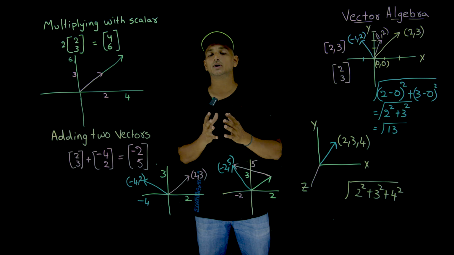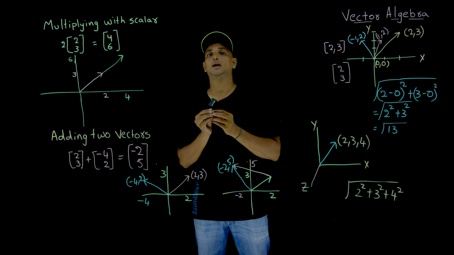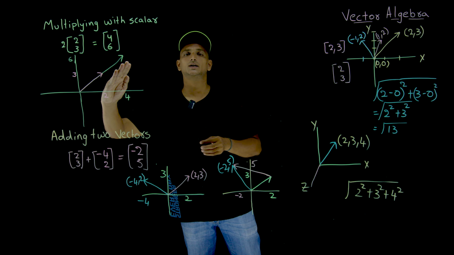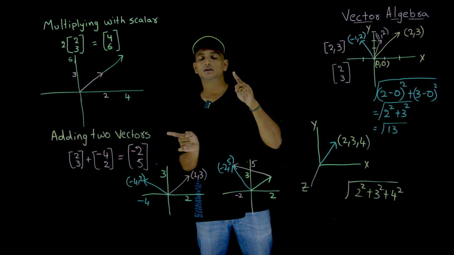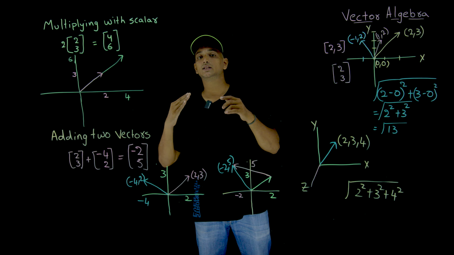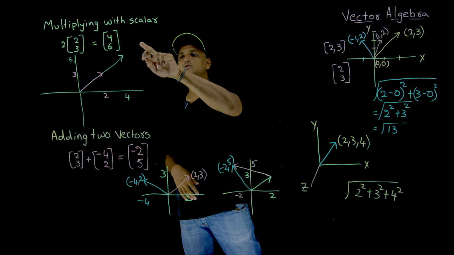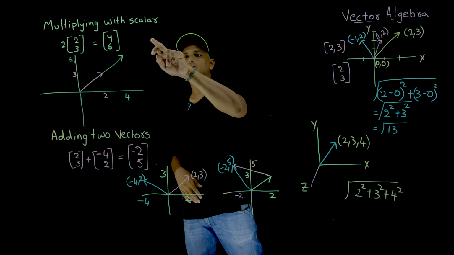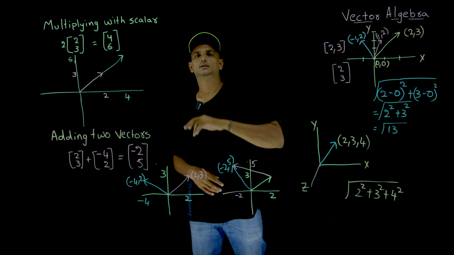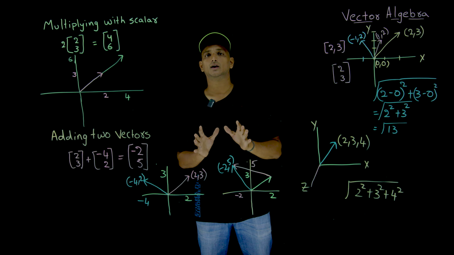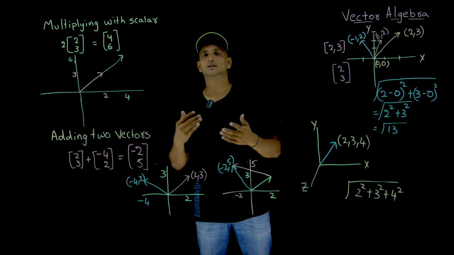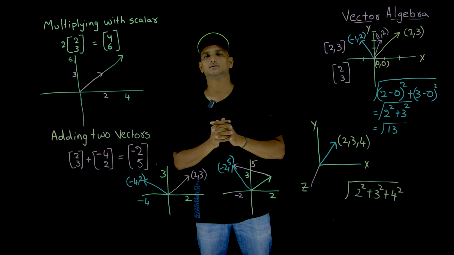See, the point you need to understand: when it is multiplied by a scalar, the direction does not change. The length of the vector increases, but it is moving in the same direction, in the same line. Direction has not changed, but what changed here? The length of the vector changes.